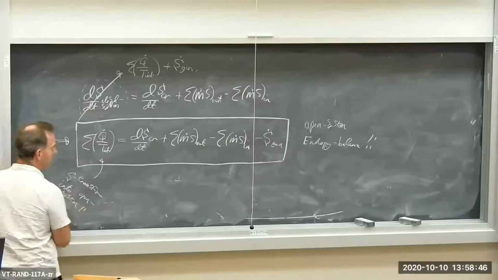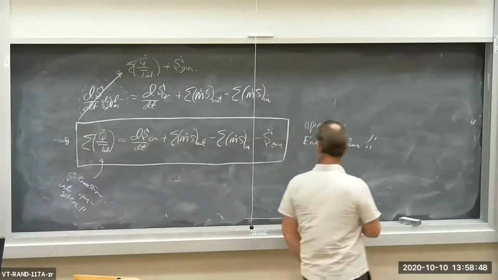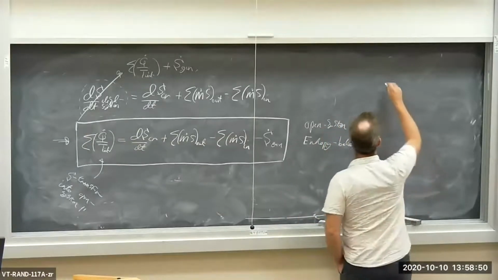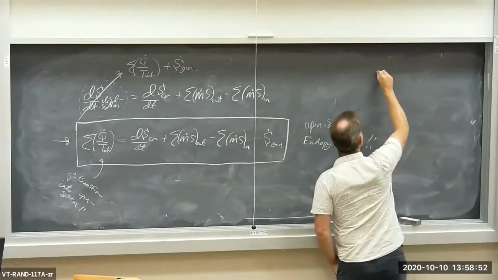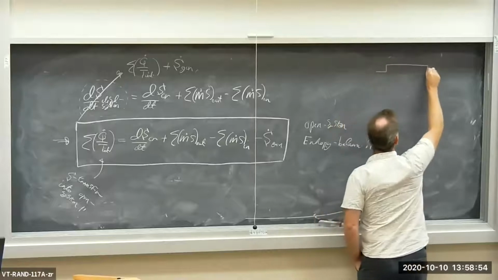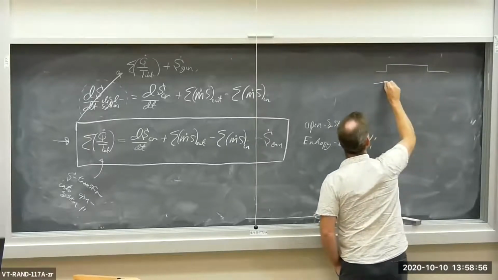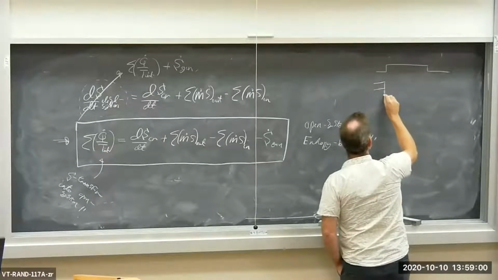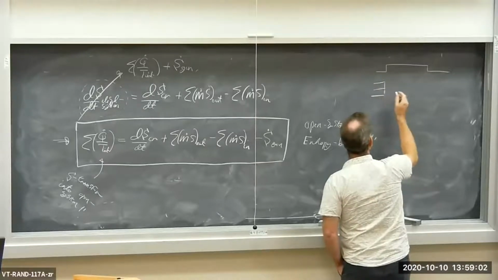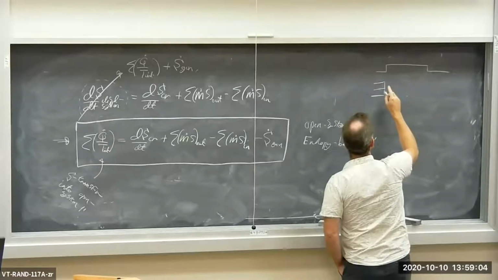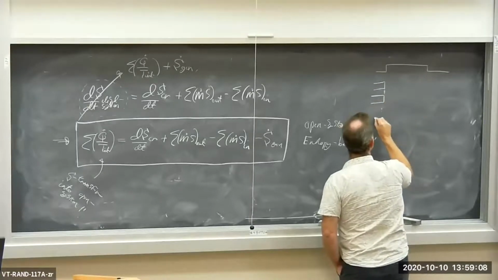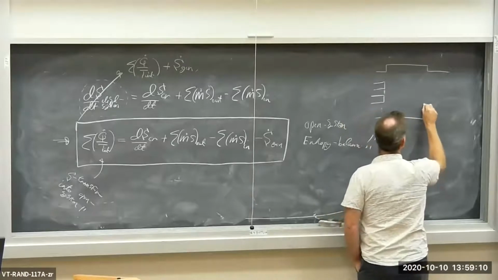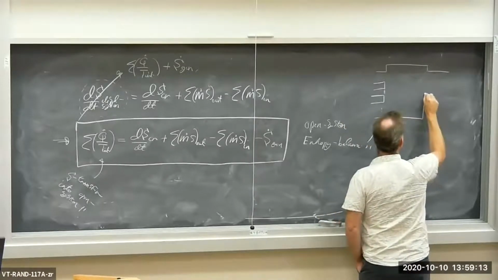Let me draw a little diagram here. So we have a device with a bunch of ports. I'm not going to draw them all. A bunch of inlet and outlet ports.